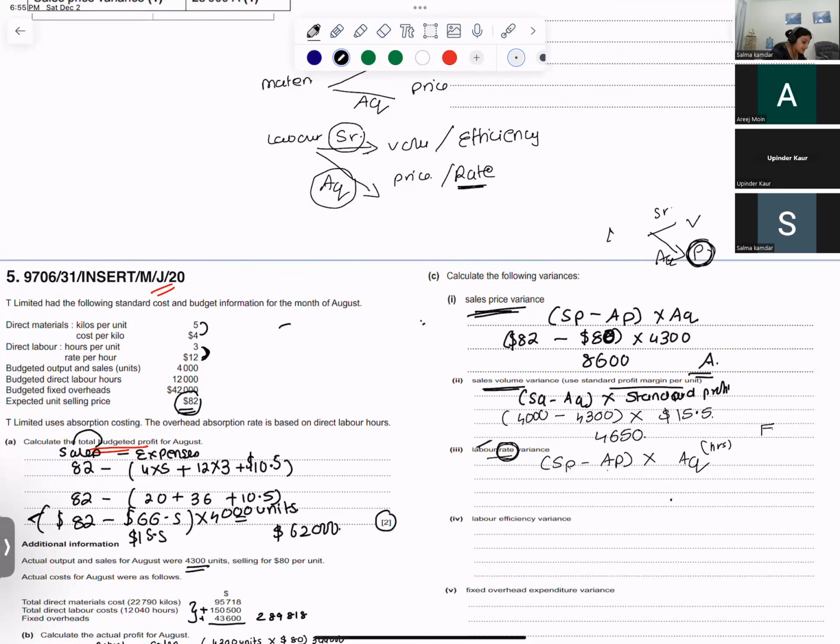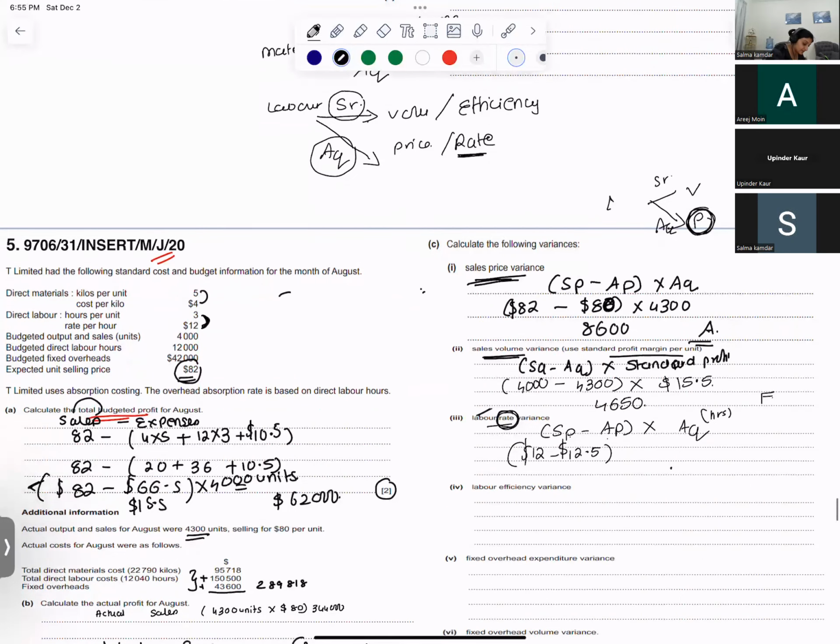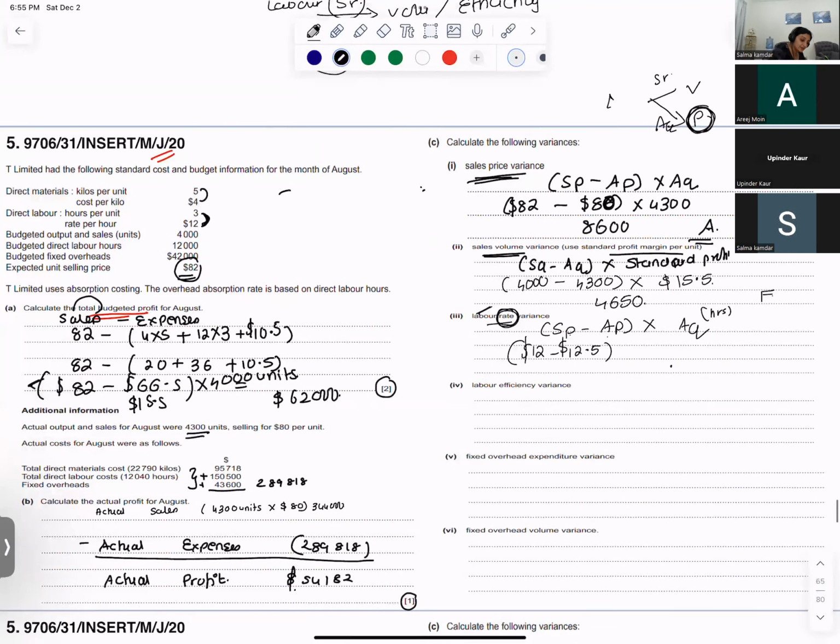Tell me, standard price is 12, actual price is 12.5, and actual quantity is 12,040 hours.